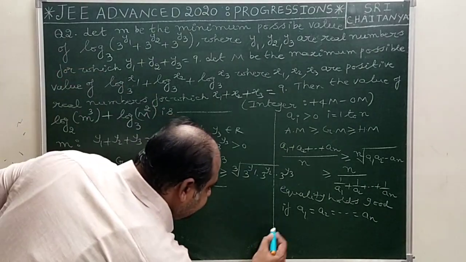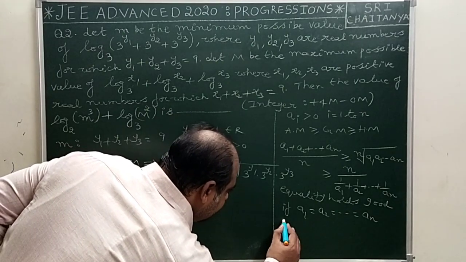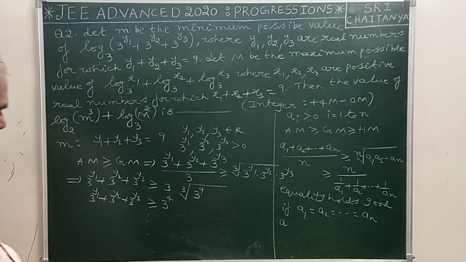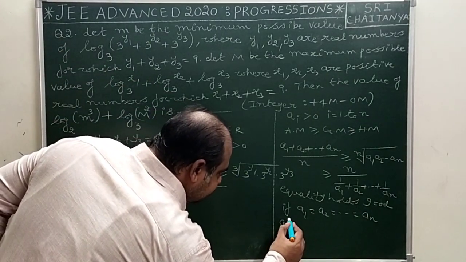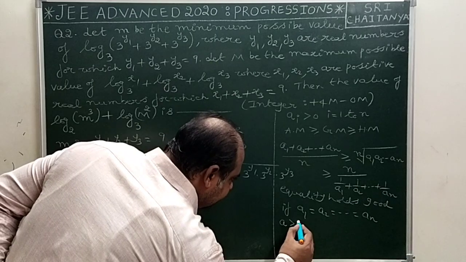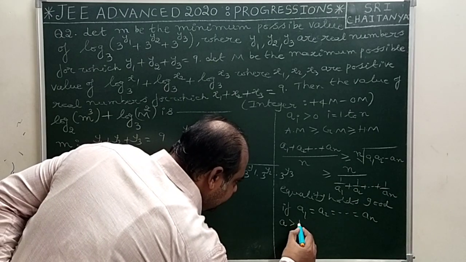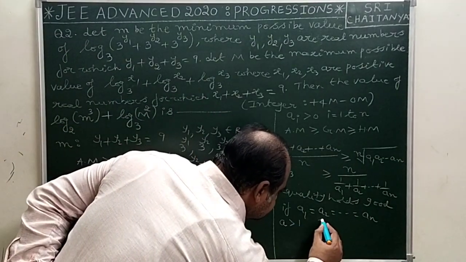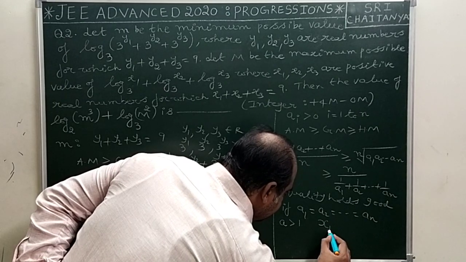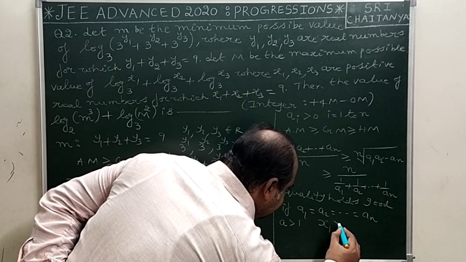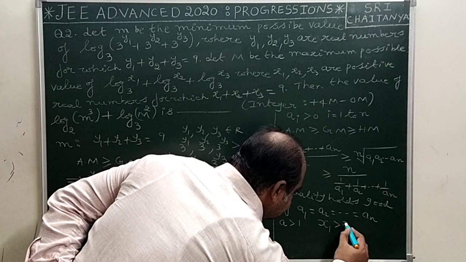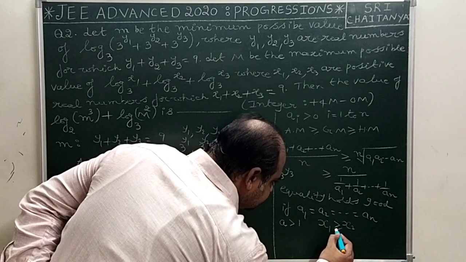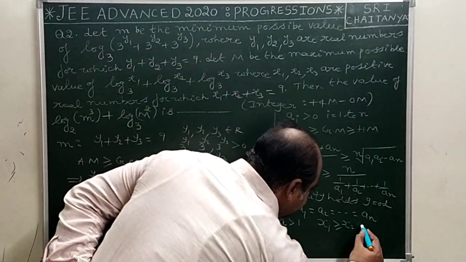So the logarithmic concept that you have to remember is, while applying logarithm on both sides for any quantity, if a is greater than 1, that means base a. Suppose x1 is greater than or equal to x2 is there.